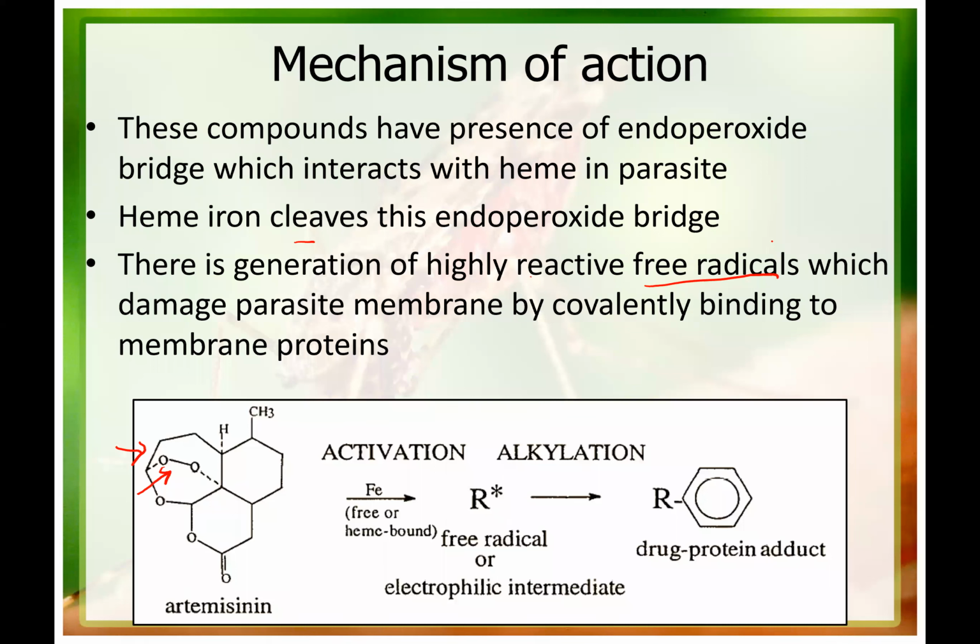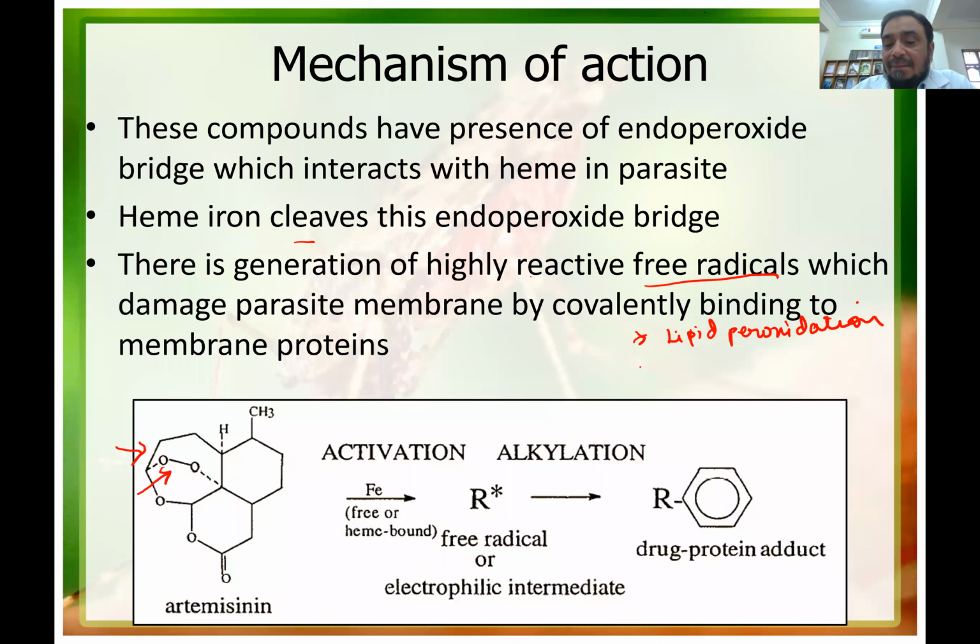These free radicals damage the parasite membrane. They cause lipid peroxidation, destroy the endoplasmic reticulum, and ultimately cause lysis of the plasmodium parasites.